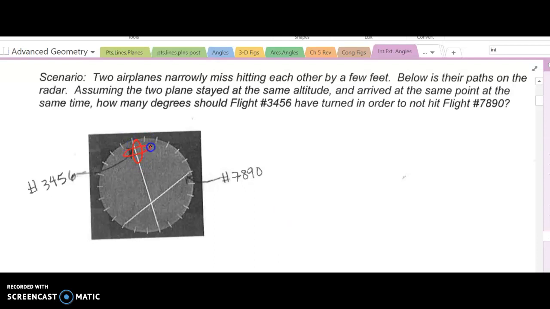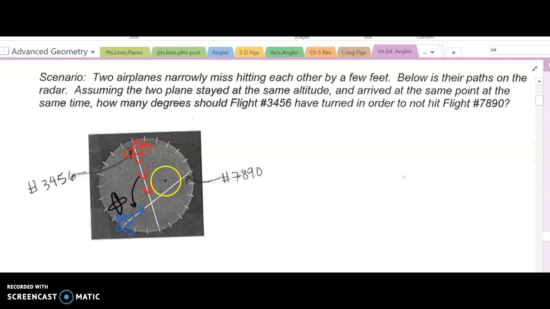Okay, so here's the scenario. Let's pretend this is flight 3456, and they're flying at the same altitude, and then here comes flight 7890 coming this direction. If they're arriving at this point of intersection at the same time, the best way for them to not intersect is for this plane to turn her nose this direction so that she's flying parallel to this other plane.